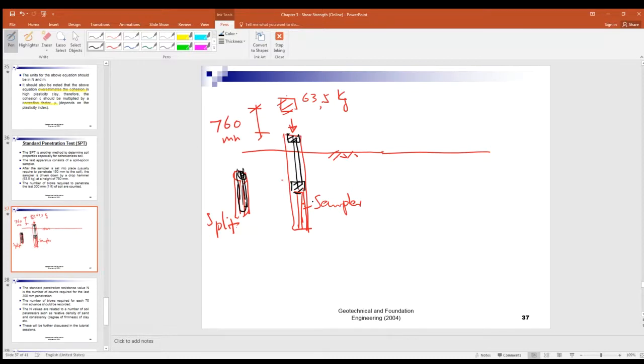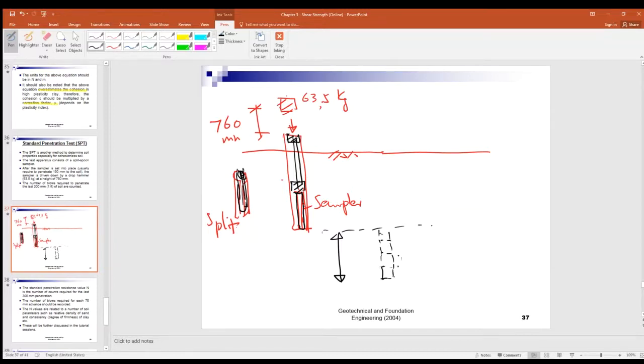eventually this sampler, so that is the sampler, right? This sampler will go into this position, right? So it will penetrate a certain distance. So first of all, we come to that level and then hit it and then hit it.